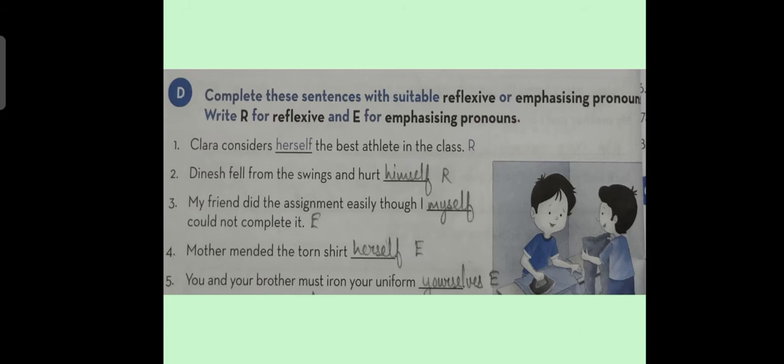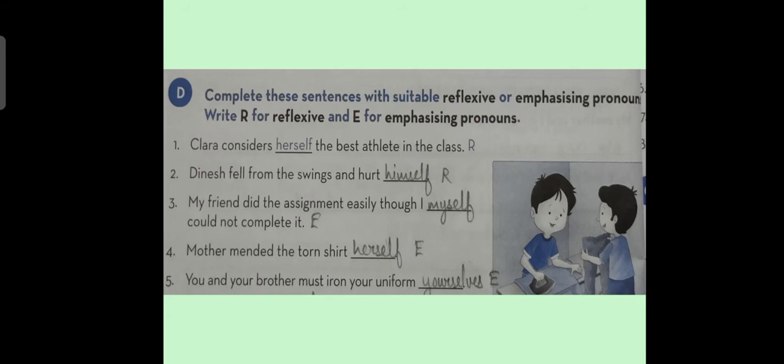My friend did the assignment easily, though I myself could not complete it. Here in sentence number 3, as you can notice, dear students, we were talking about I, and it is being used just before the blank.